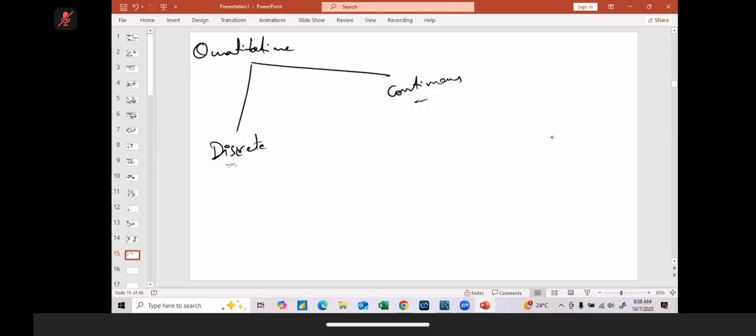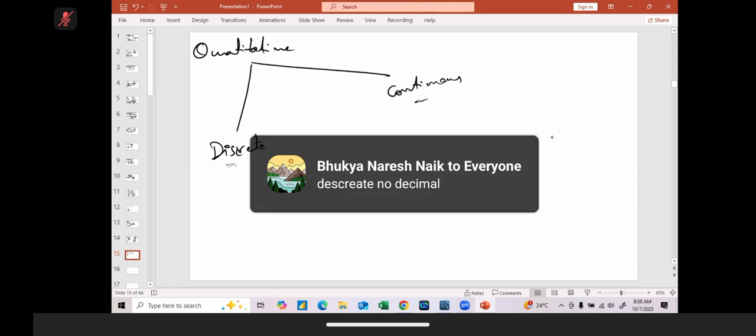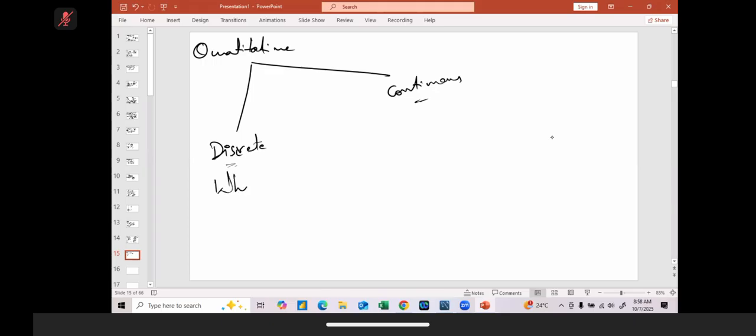Discrete, no decimal. 100% correct. Discrete is simple whole numbers. Continuous is all the values including decimals.